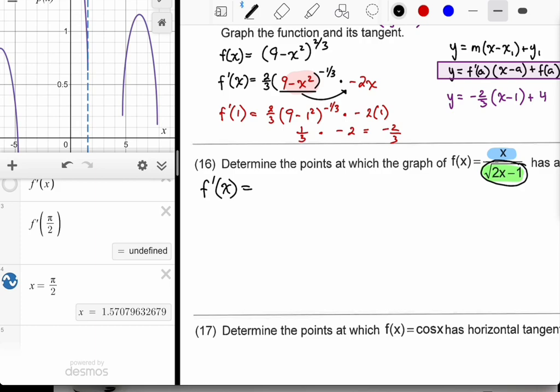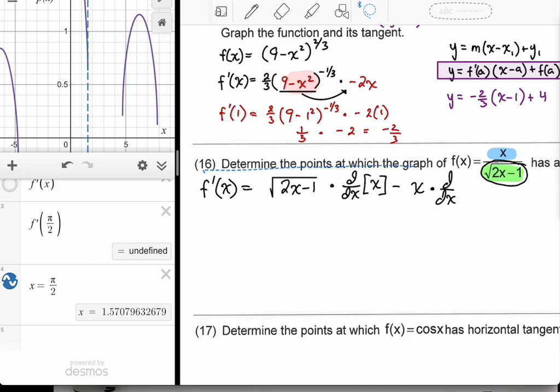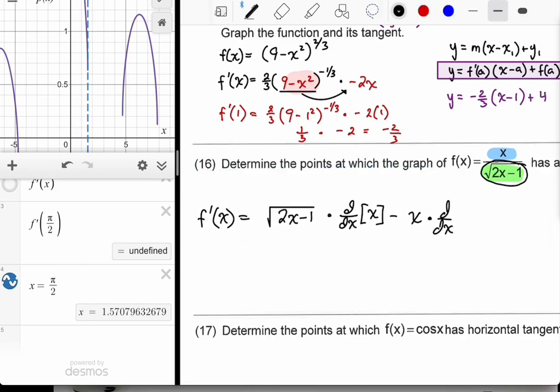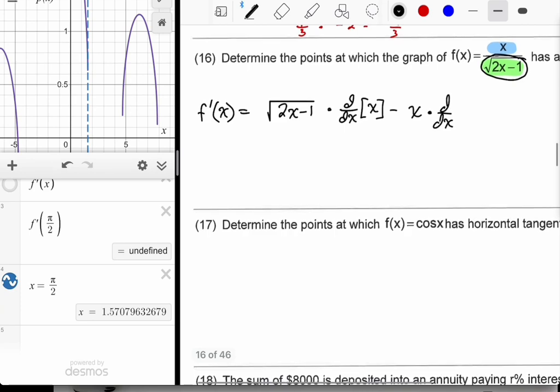So low d high. So I replicate the low, the denominator, rad 2x minus 1, multiplied by the derivative of the numerator. I'm going to use the notation here for now, at least for this one problem, minus the high, d low, meaning the derivative of the denominator, over the denominator squared.